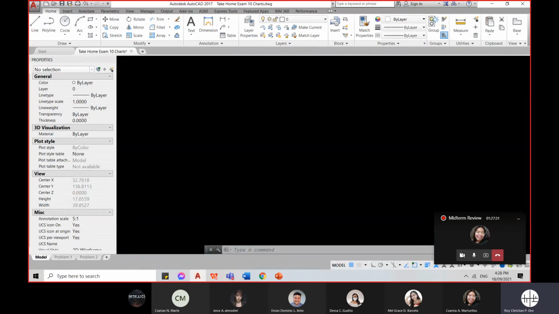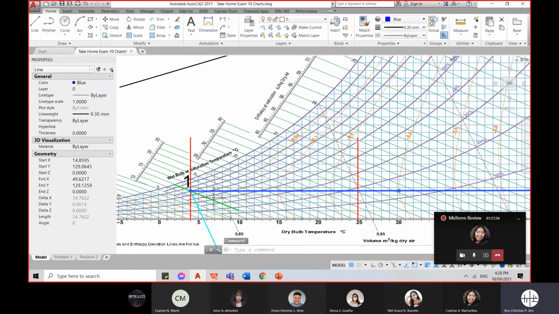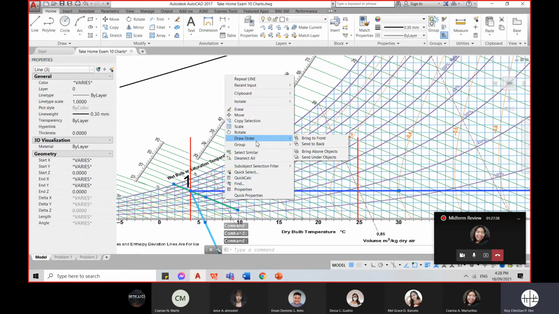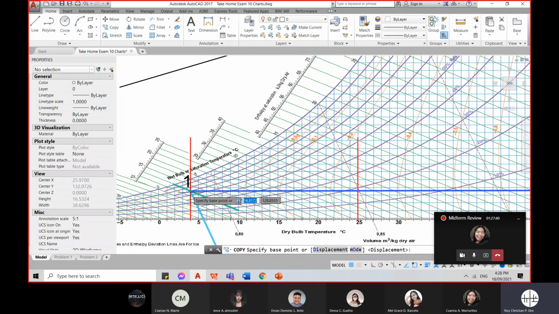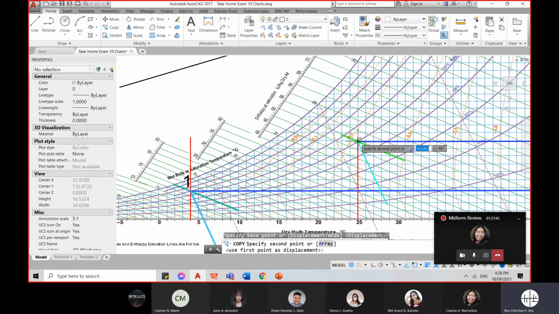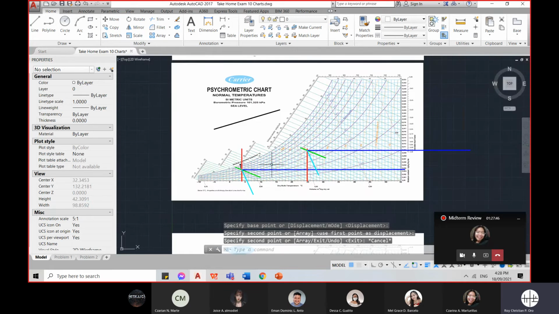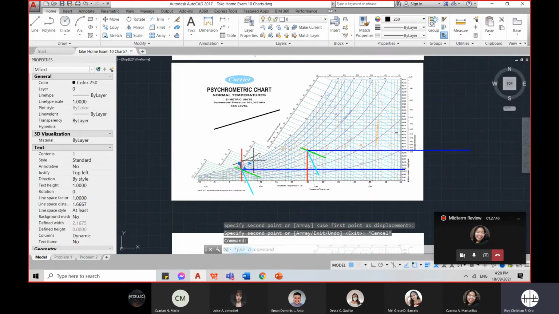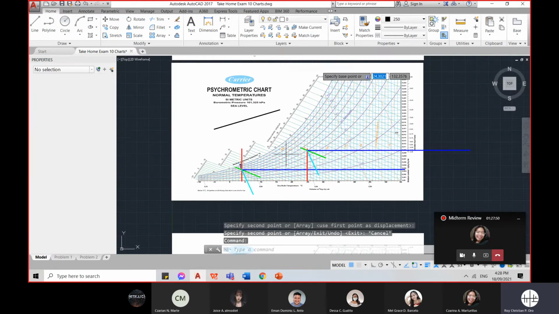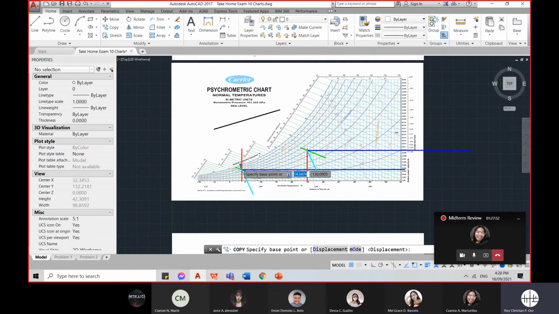The next thing is just to move these lines. So copy, and now we know the two states. What's left is just reading the values.